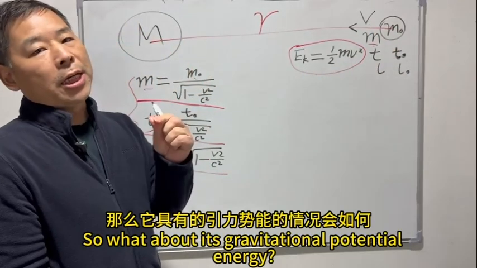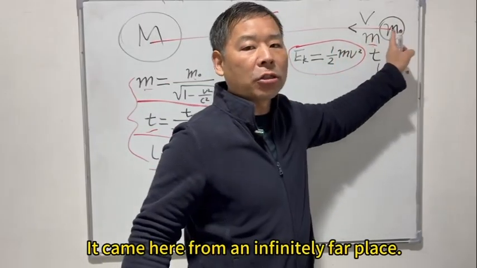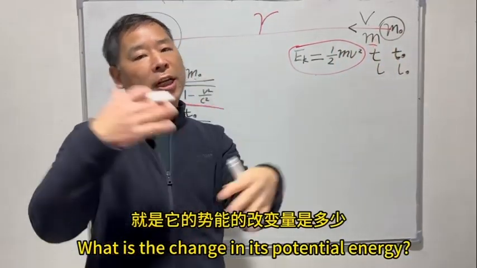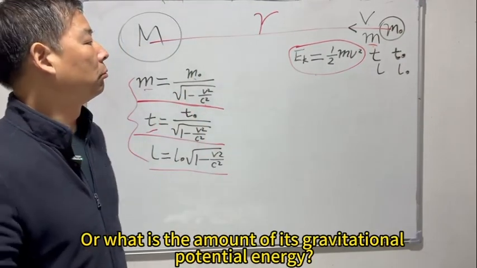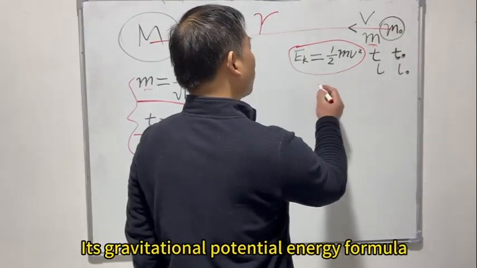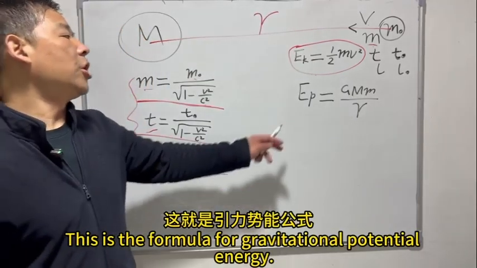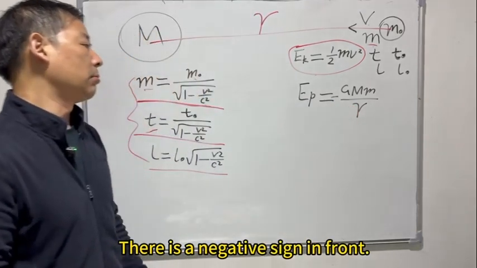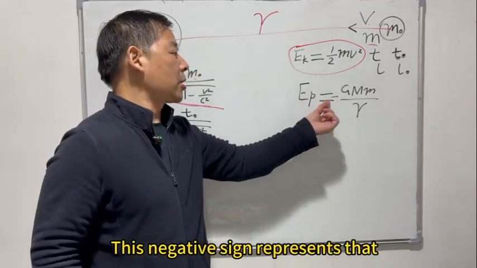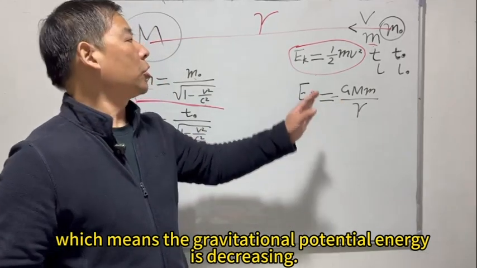So what about its gravitational potential energy? It came here from an infinitely far place. What is the change in its potential energy, or what is the amount of its gravitational potential energy? We know this is the formula for gravitational potential energy. There is a negative sign in front. This negative sign means the gravitational potential energy is decreasing.